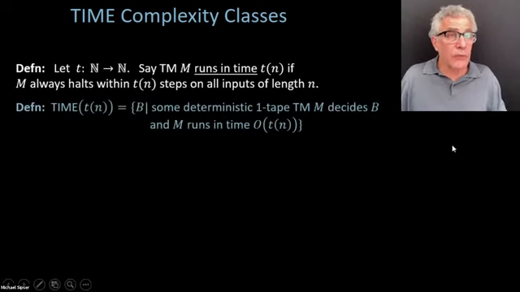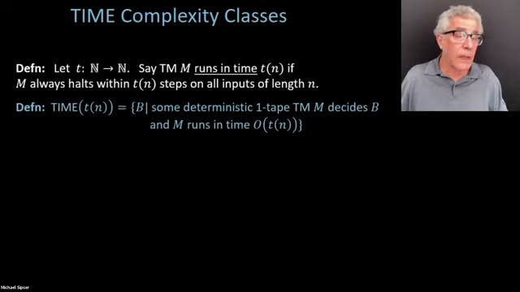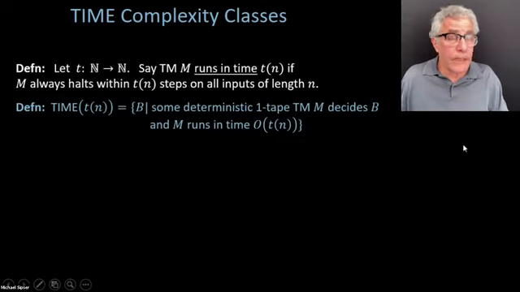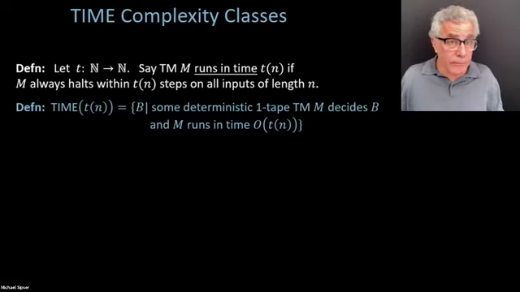And with that, we come to the following definition, which is highlighted in color because we're going to be using it throughout the semester, so it's important to understand it. This is the definition of what are called the time complexity classes. I'm going to take some bound, t of n, and again, think of t of n like a bound such as n squared.